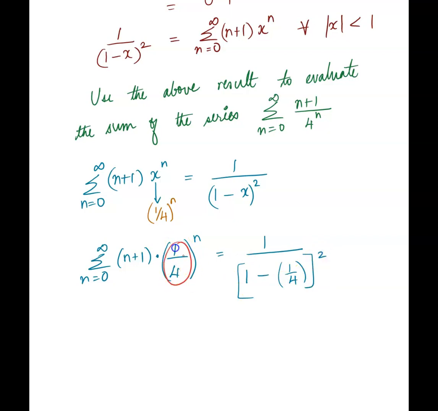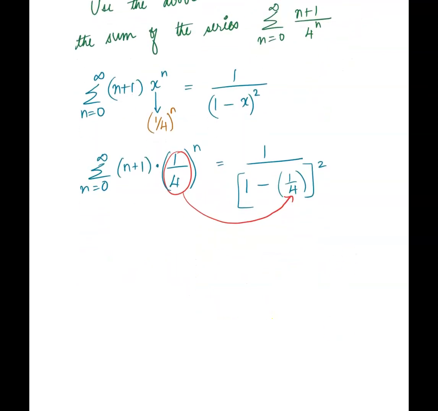So let's make that connection. That has to go there. And now it's literally arithmetic. 1 minus 1/4 is 3/4, and you're squaring that and then flipping it. That gives us 16/9.